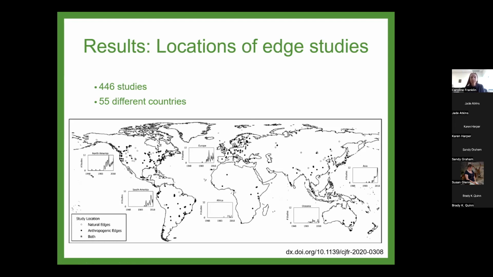So we can see that we have a nice distribution of studies, although there are studies lacking in many places, particularly in Africa and Russia. For some of these places, we wouldn't expect forest edge studies to occur if they lack forest, but we would hope to see more studies in certain areas such as Russia, where we know that there are forests.